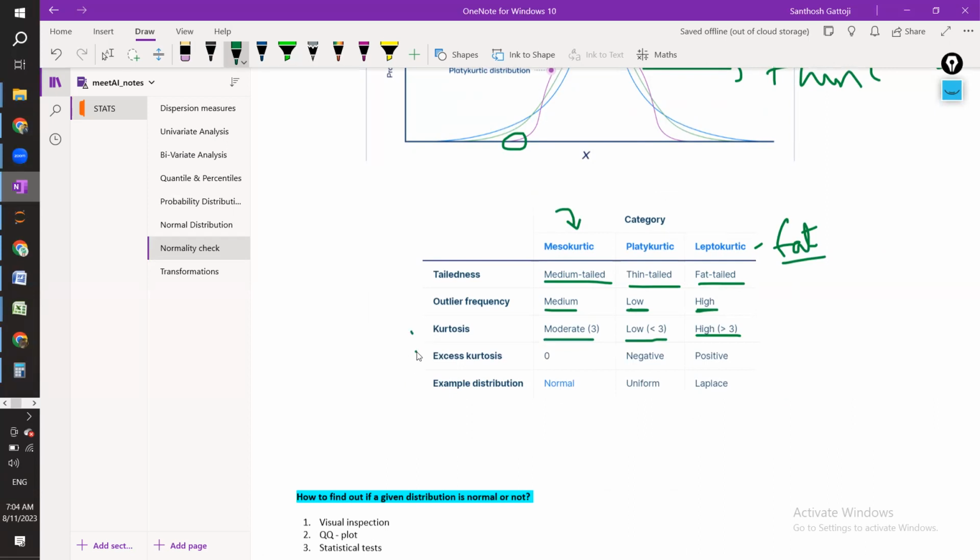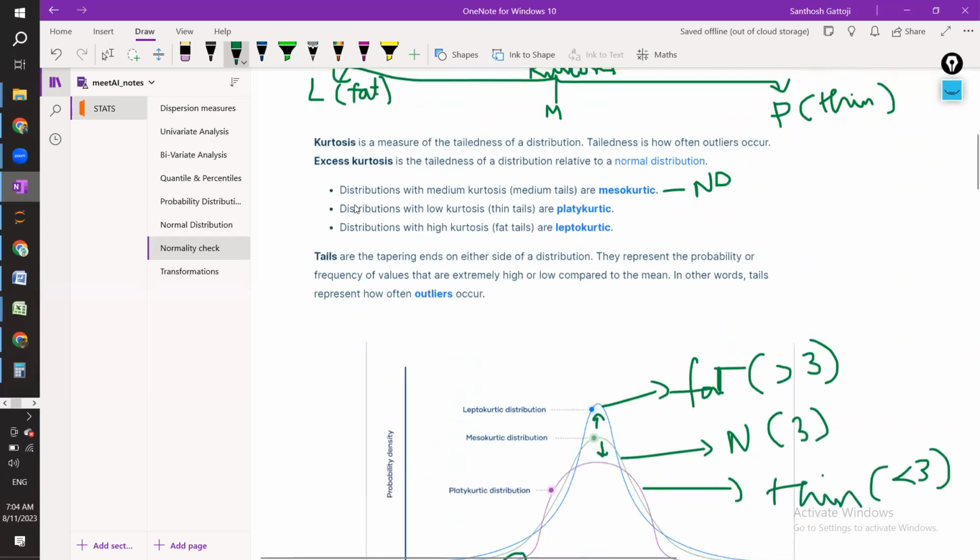Next thing we have is the excess kurtosis, guys. What is excess kurtosis? It is the tailness of the distribution relative to the normal distribution. As I mentioned many times, we are always concerned about the normal distribution.